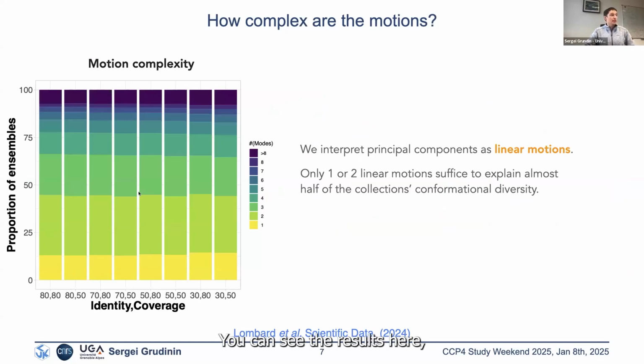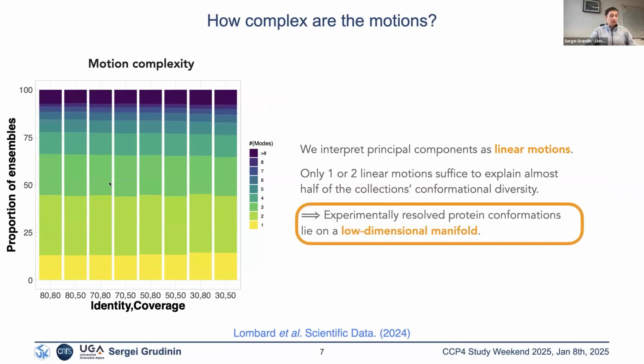You can see results here, and we may conclude that overall, only 1 or 2 linear motions are sufficient to explain a half of the conformational diversity, which brings us to the first conclusion that experimentally resolved protein conformations lie on low-dimensional manifolds, which allows us, in principle, to use classical manifold learning techniques to reconstruct these manifolds.